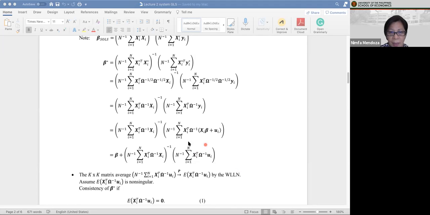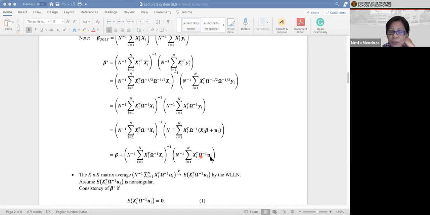Okay, what was the interpretation of this expression, n to the minus 1/2 times the sum of X sub I transpose omega inverse U sub I? X sub I would be from the sample.